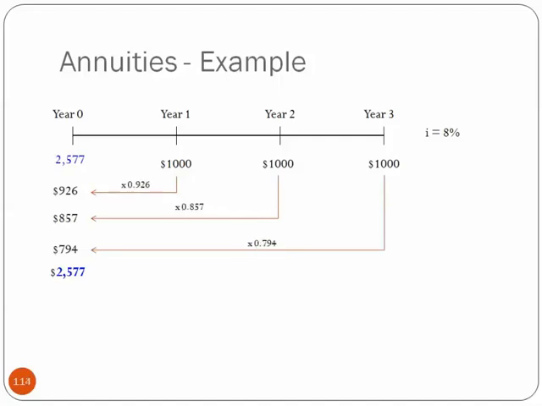So we can say that each term is being multiplied by its present value factor, $1,000 times 0.926, 0.857, and so on. And that's just right. $1,000 times, for the first term, the present value interest factor of 8% to the first. The second term is the present value interest factor of 8% to the second, and the third is to the third. It's just notation.